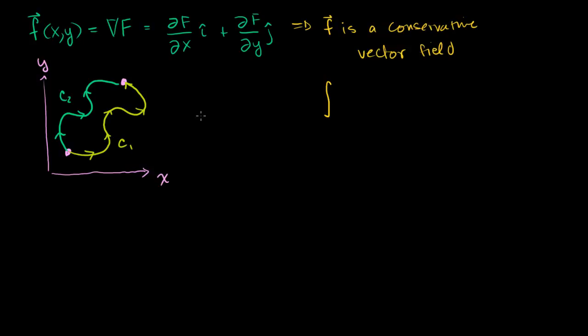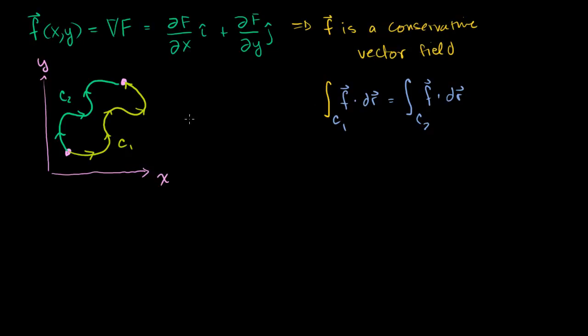So in this case, the line integral along C1 of f dot dr is going to be equal to the line integral over the path C2 of f dot dr. If we have a potential in a region, and maybe everywhere, then the line integral between any 2 points is independent of the path. That's the neat thing about a conservative field.